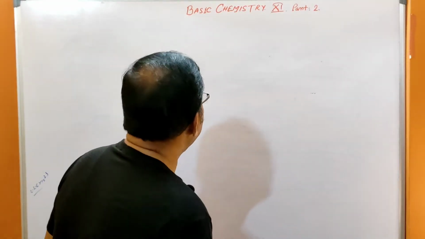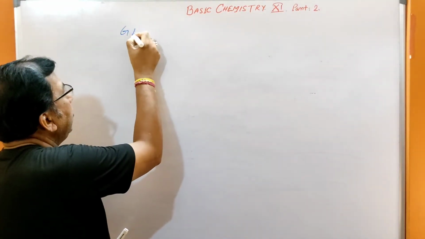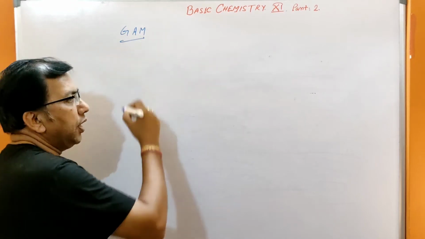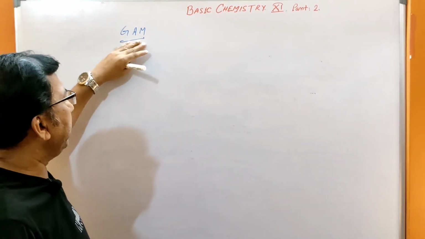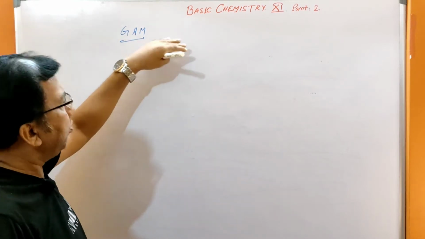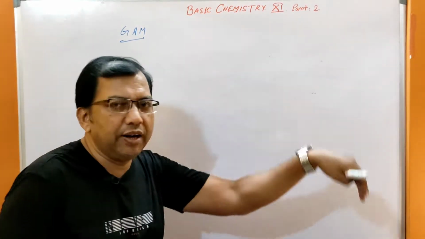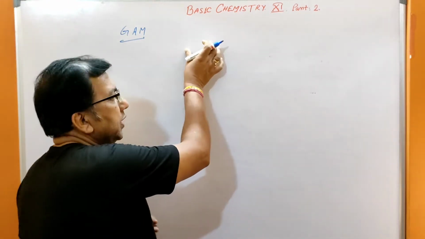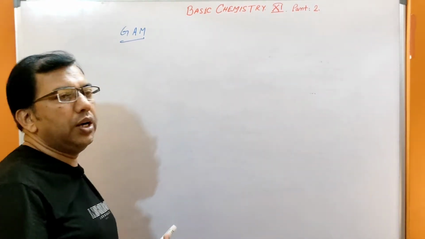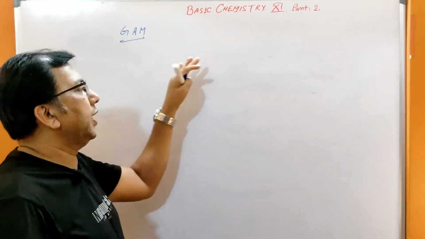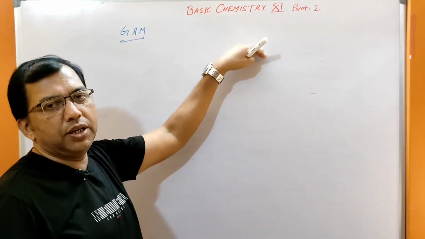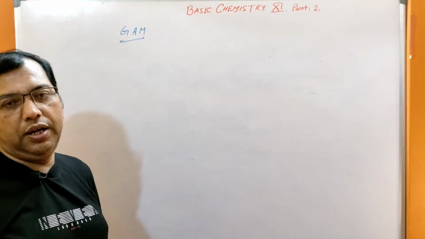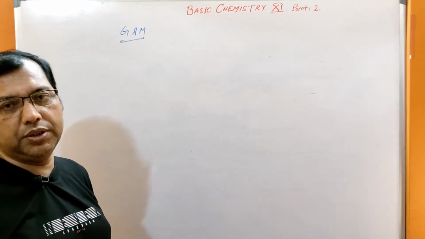Gram atomic mass, GAM. What is gram atomic mass? If you convert the atomic mass, that is, atomic mass expressed in gram. Atomic mass कितना होगा ऑक्सीजन का, atomic mass कितना होगा कार्बन का, उसका जो atomic mass होगा उसको ग्राम में कन्वर्ट करो, वो होगा gram atomic mass.